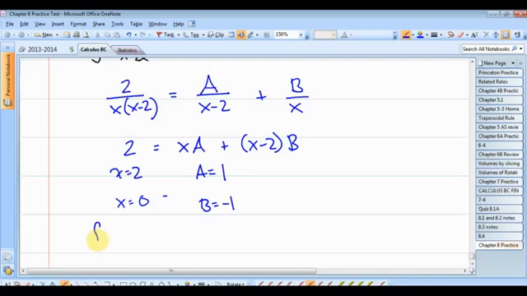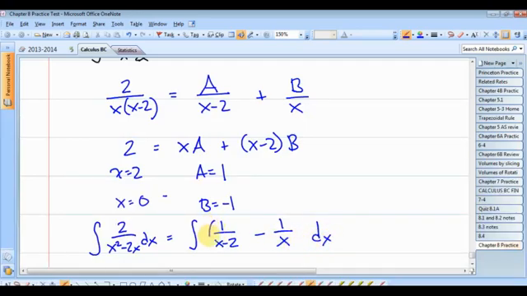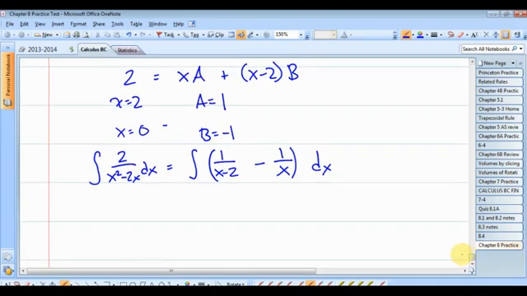So that means the integral, or the antiderivative of 2 over x squared minus 2x dx is equal to the antiderivative of 1 over x minus 2 minus 1 over x dx. Okay, let's integrate each part. This technically is a u substitution.